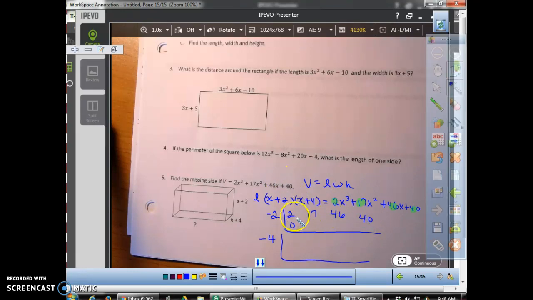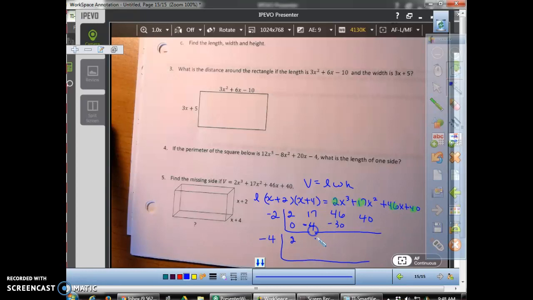Then I'm going to do my synthetic division. So 0. Here I get negative 2, 15, negative 30. Here I get 6. Wait, that's not right. I've done something wrong. Oh, I should have a 2 here. This should be a negative 4.